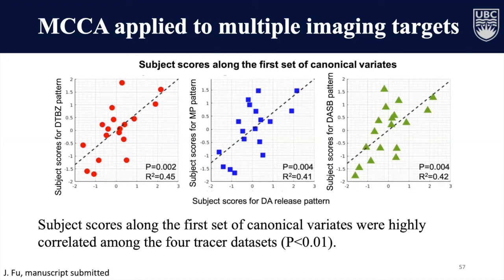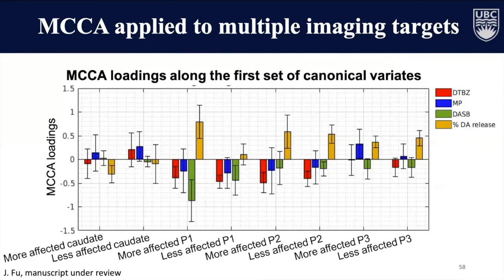and dopamine release. And these spatial patterns associated with these highly correlated subject scores showed a higher dopaminergic and serotonergic denervation. So these are, red is DTBZ, blue MP, green is DASB. Lower weights means there's a higher denervation in both the dopaminergic and the serotonergic system.